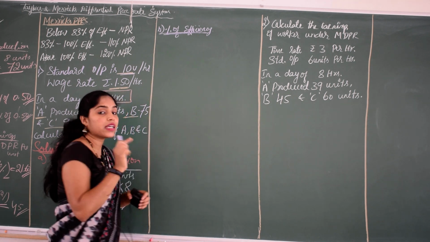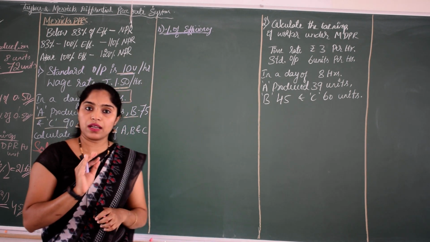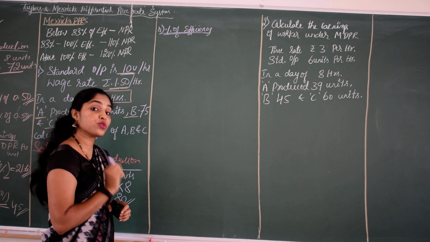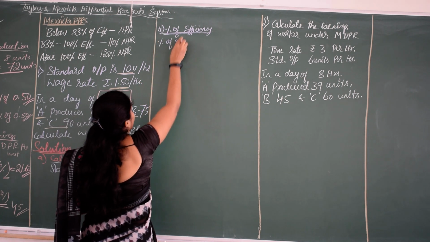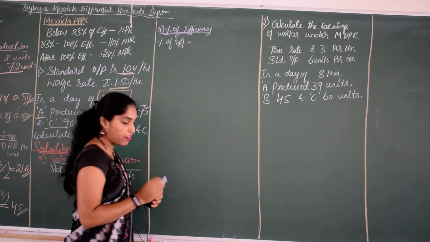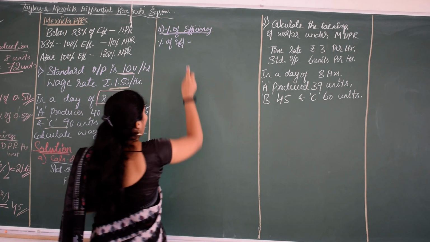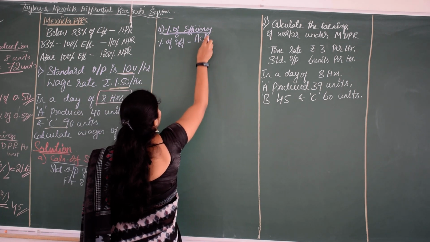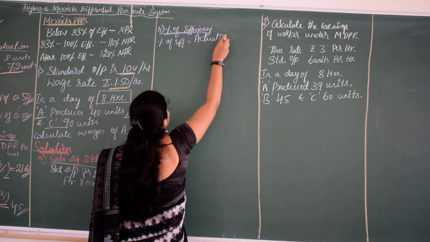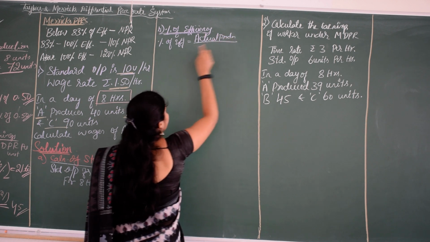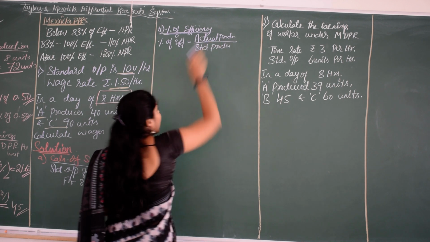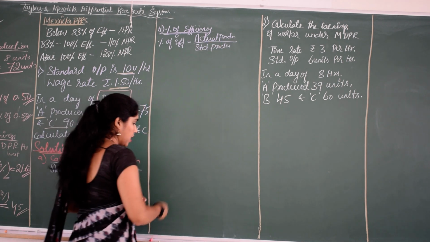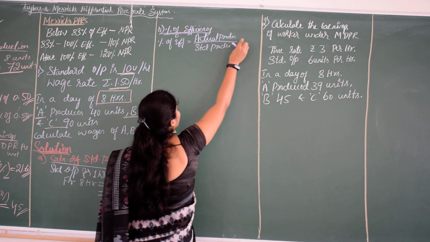Dear friends, there is a formula to calculate the percentage of efficiency also. Percentage of efficiency is equal to actual production divided by standard production, into 100.